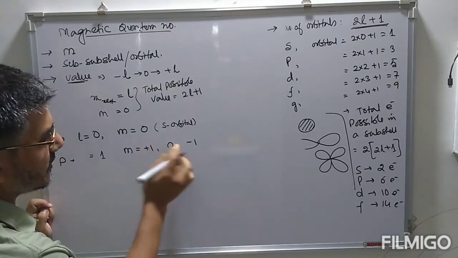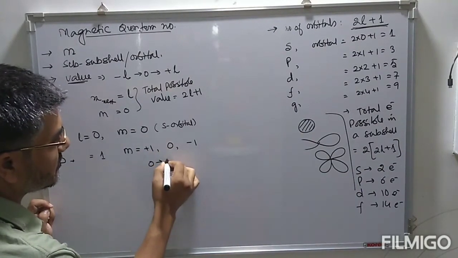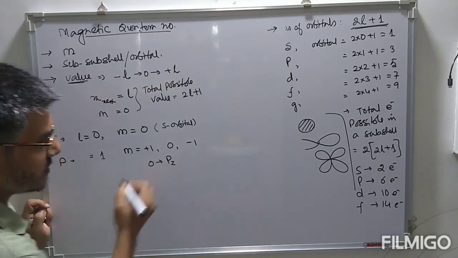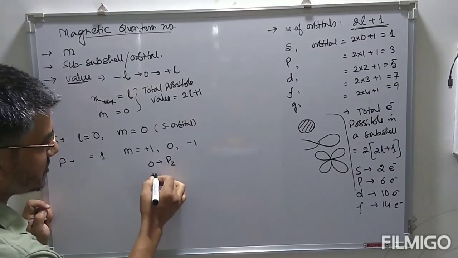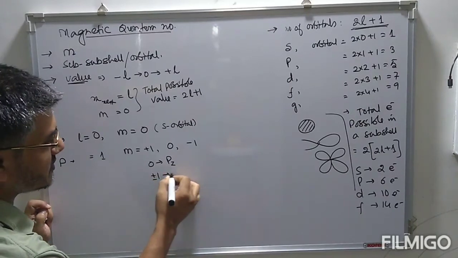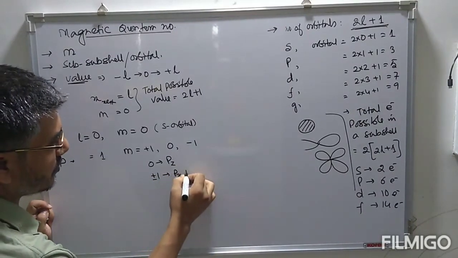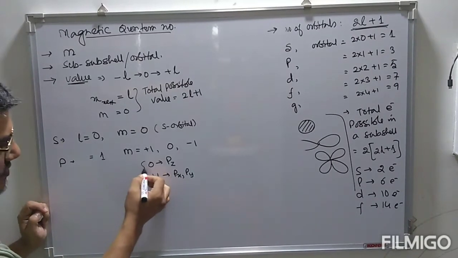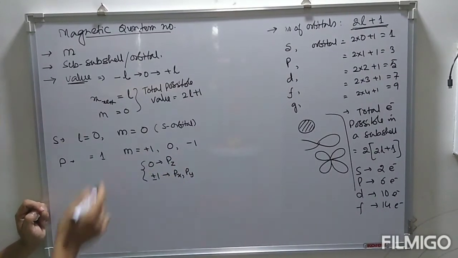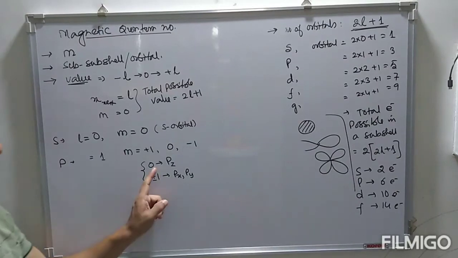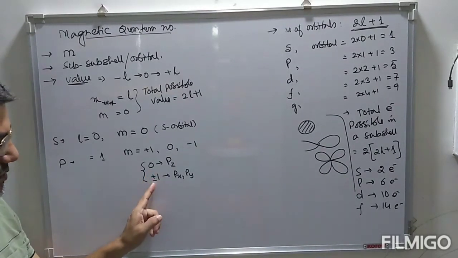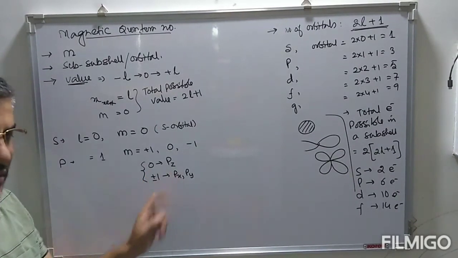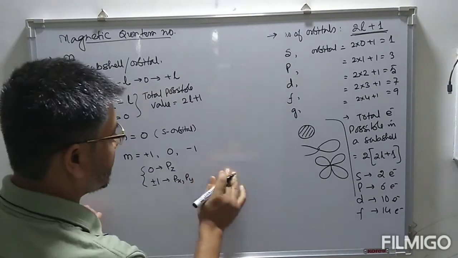Plus minus 1 and 0. 0 is Pz, whose orientation is along Z, plus minus 1 is Px or Py. That is convention. So we have one orbital pointed along Z axis, one along X, one along Y. So look at this.